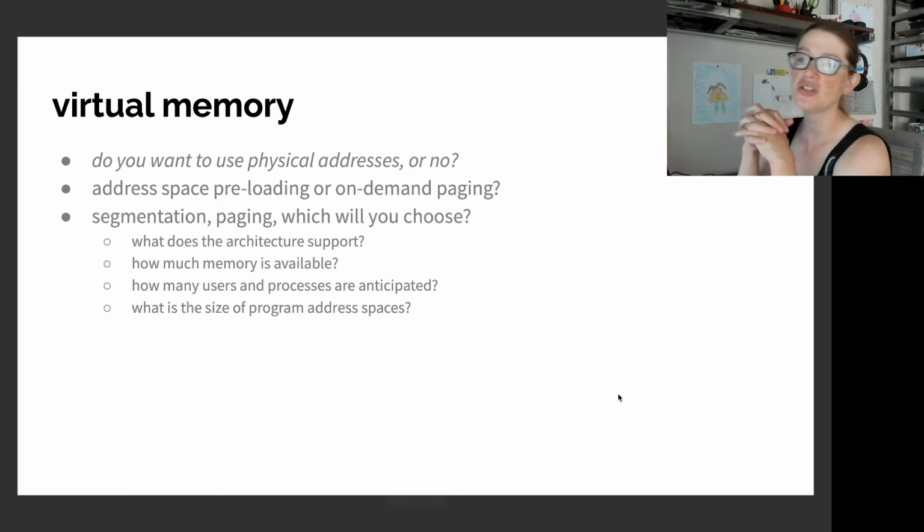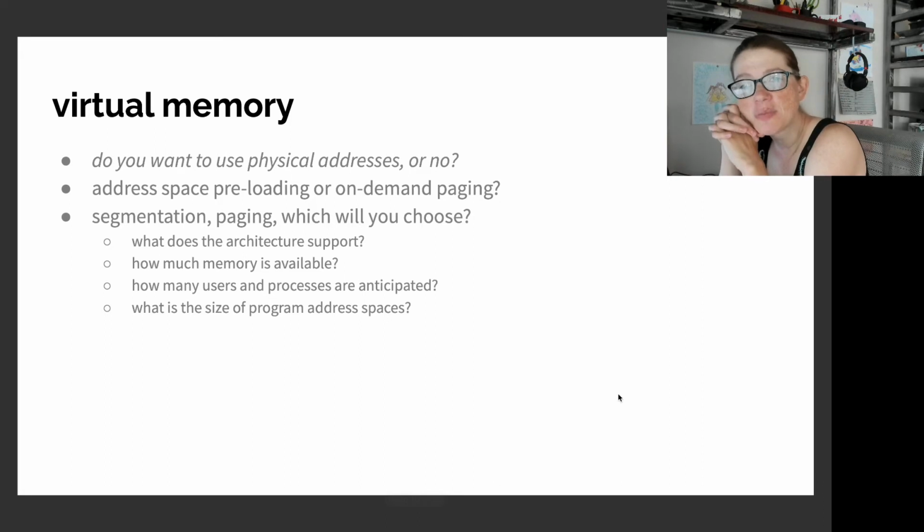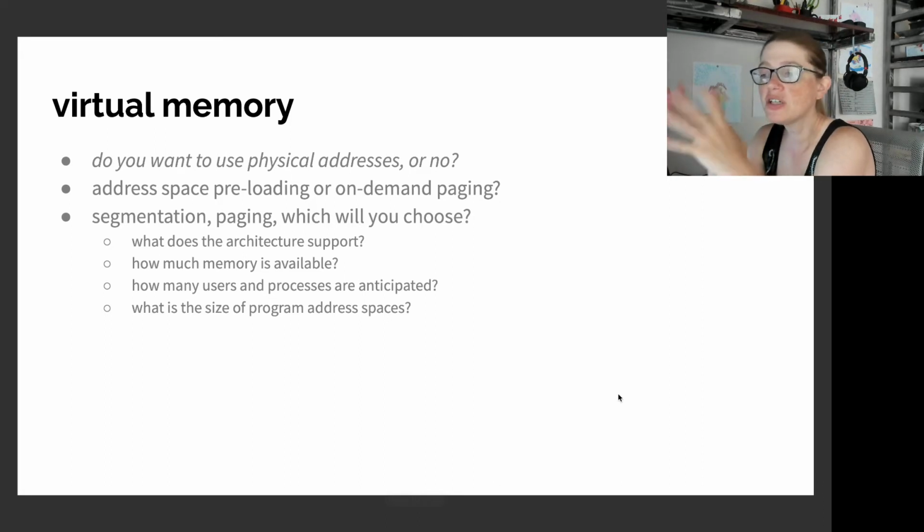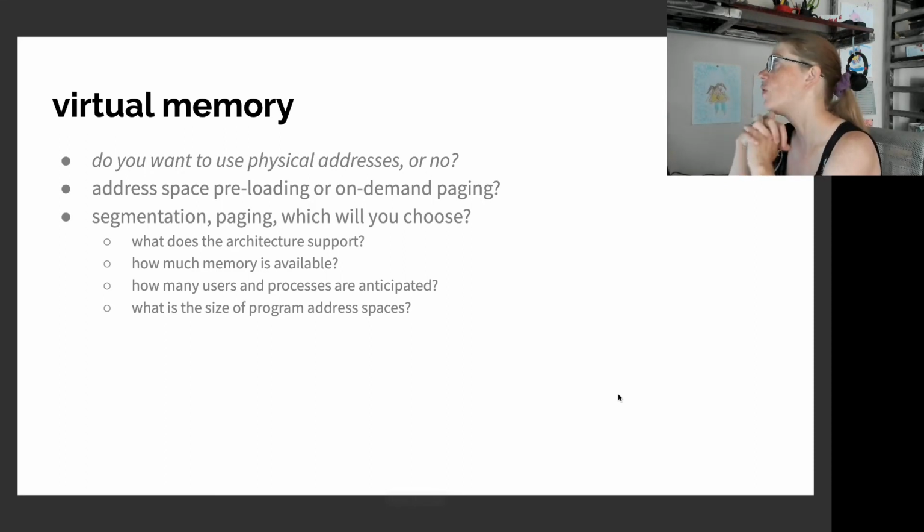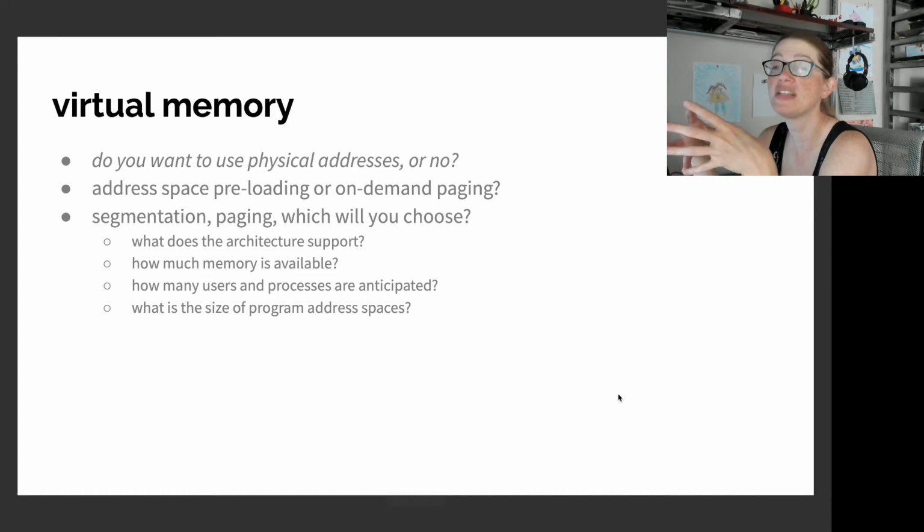And then we have to ask questions about how we load the address spaces themselves into memory. We talked about two main strategies, and there are consequences to each of them. So address space preloading, which is what OS 161 does: when you load a user program, OS 161 is going to allocate and load the entire address space of the program into physical memory immediately.